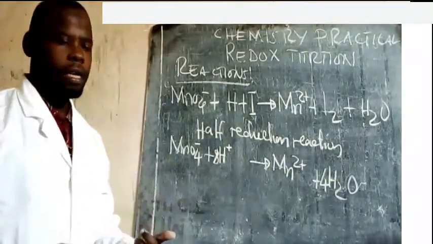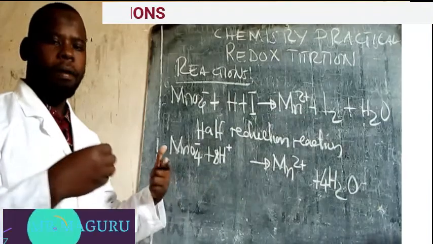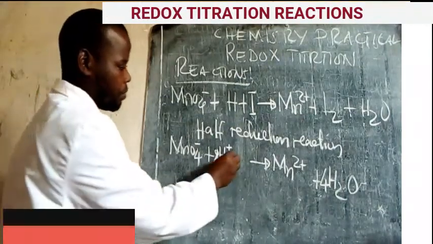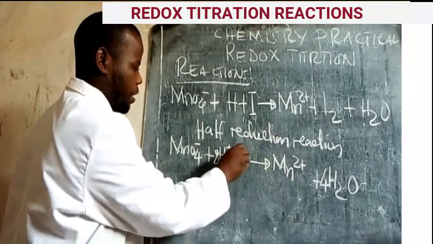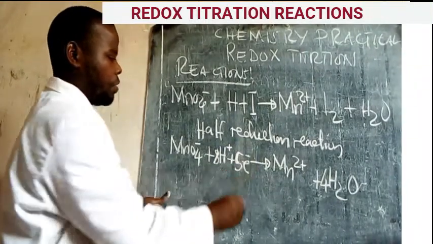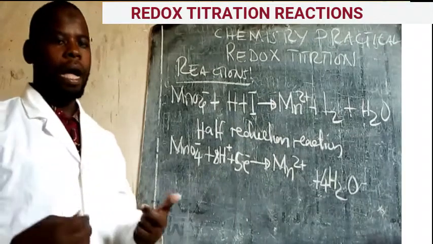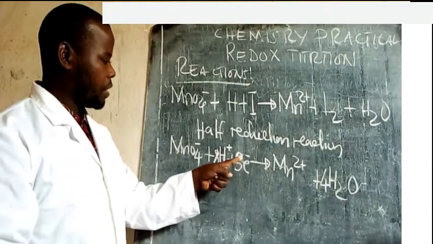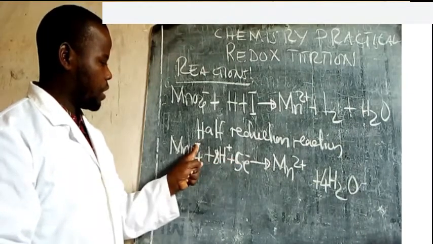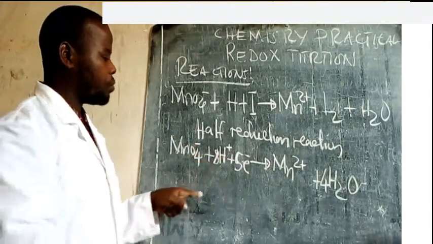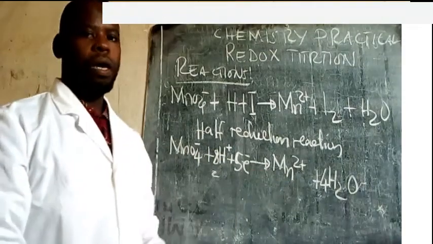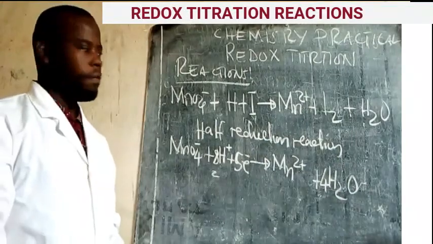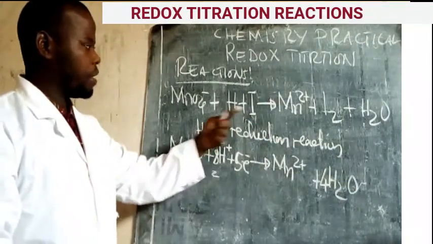So we have to add electrons on the side which has more oxidation state or ions. So we add 5 electrons here in order to balance our ions. So 8 minus 6 will be 2, and here there are 2 ions. So that is the half reaction for reduction.